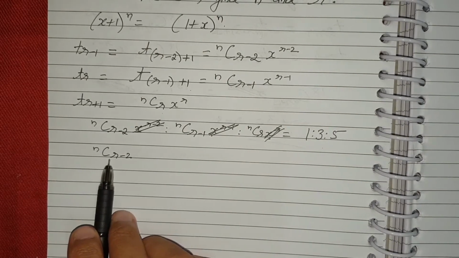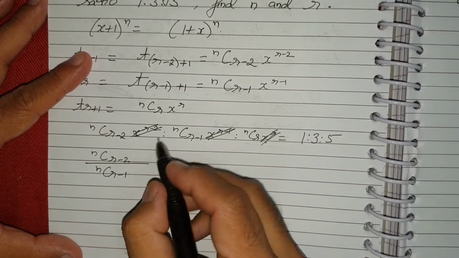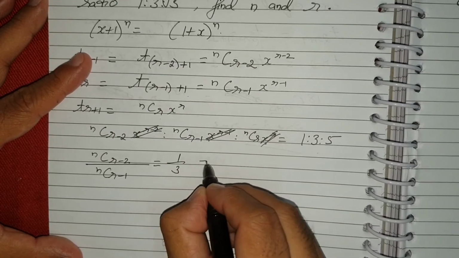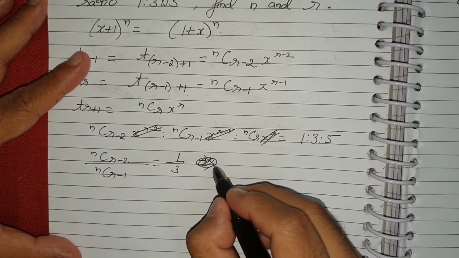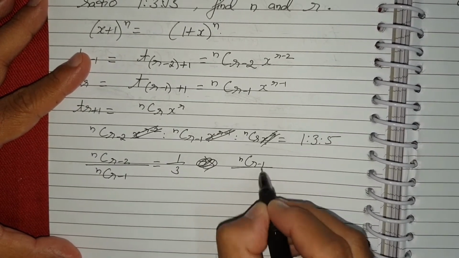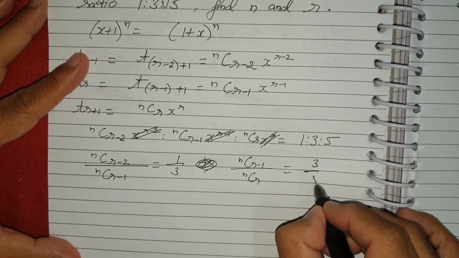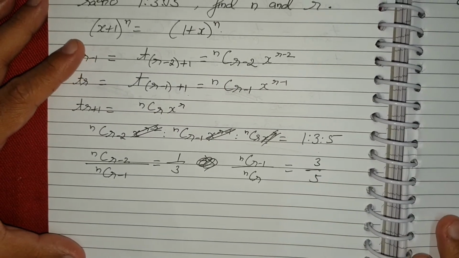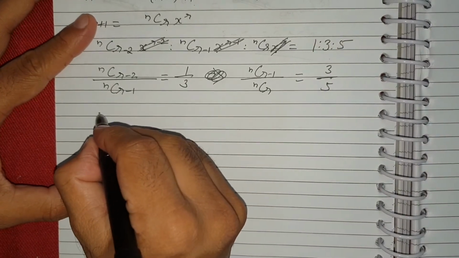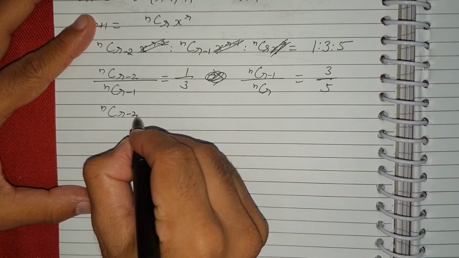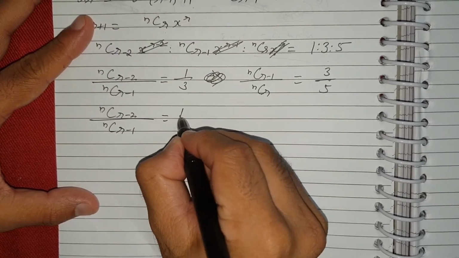So nCr-2 upon nCr-1 equals 1/3, and then nCr-1 upon nCr equals 3/5, the ratio of coefficients. So nCr-2 upon nCr-1 equals 1/3.